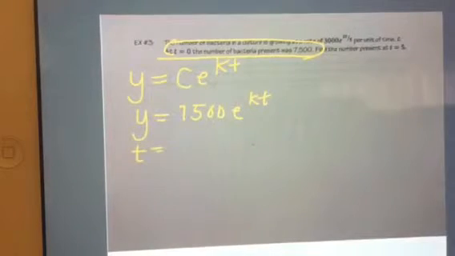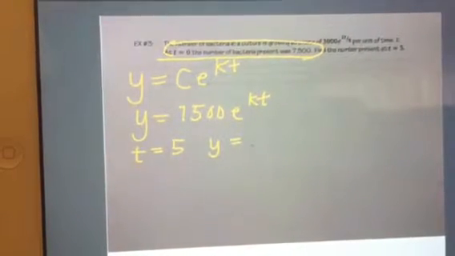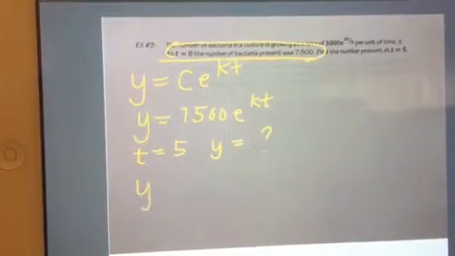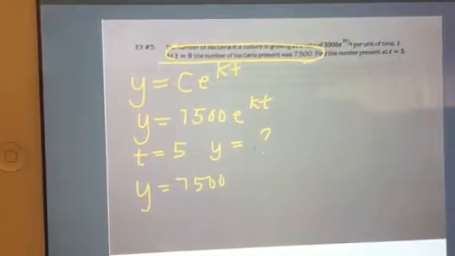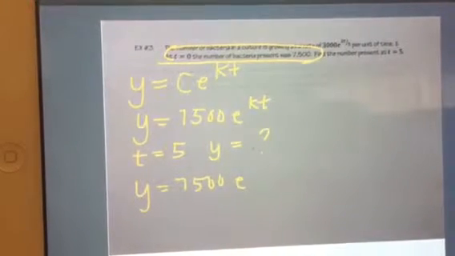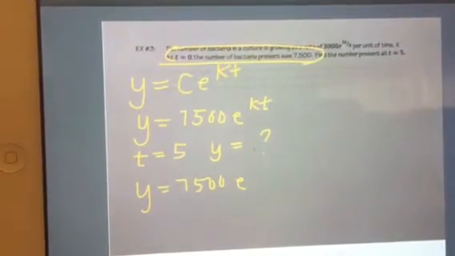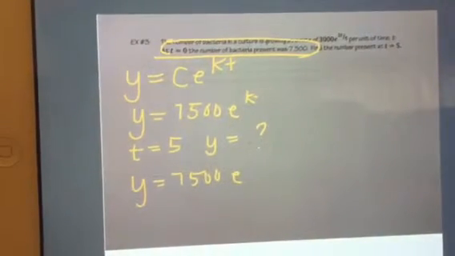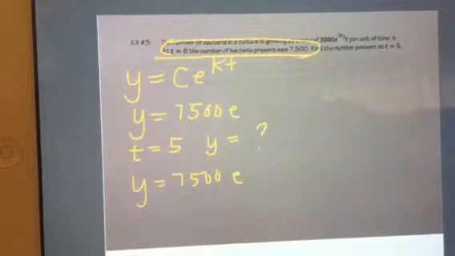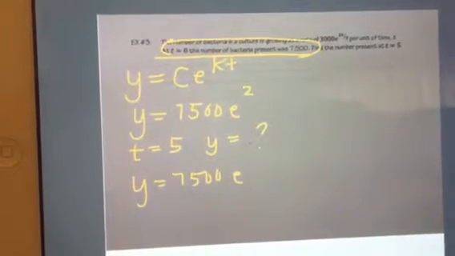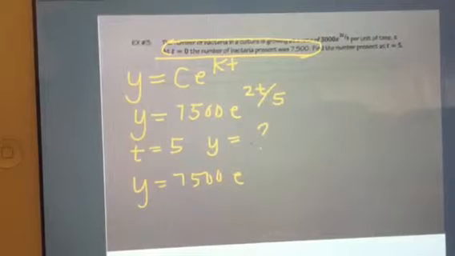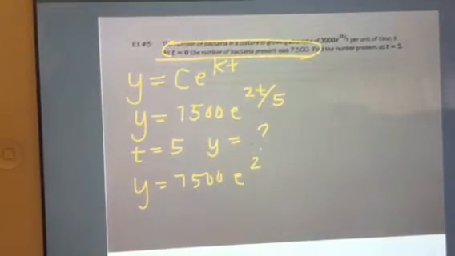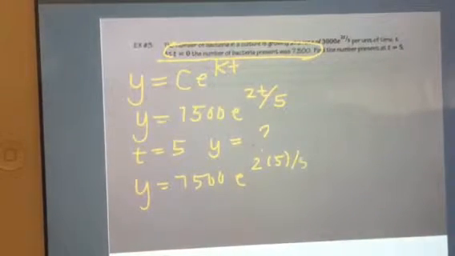So now, when t is 5, they want us to find the number of bacteria present, so they want us to find y. All we need to do is substitute in our values. This should have been (2t) divided by 5. 2 times 5 divided by 5.